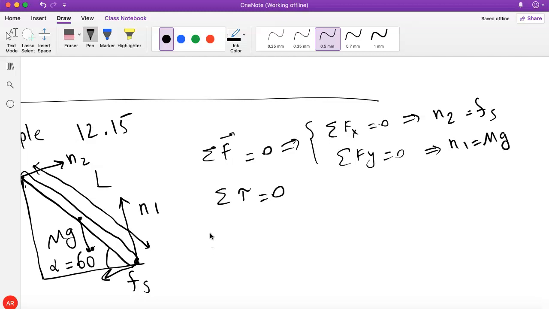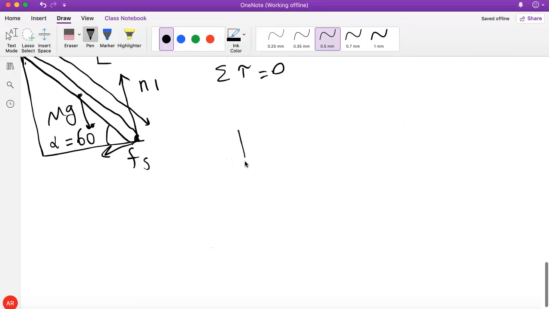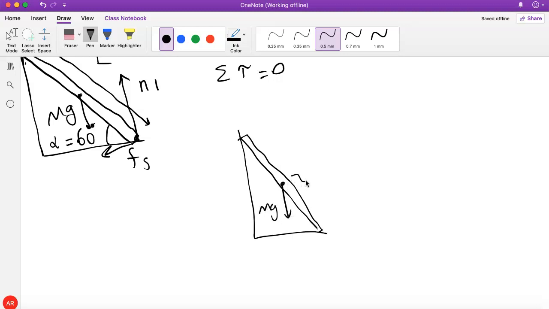Okay, so let me draw this again here. So mg, let's first focus on this force. From here to here, what distance do I have?